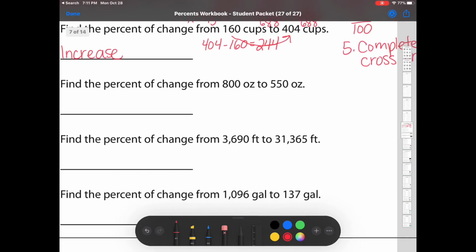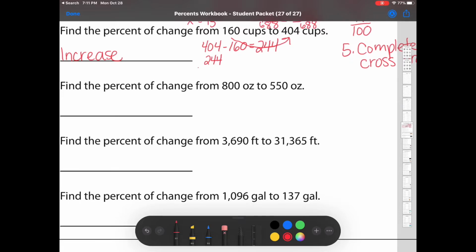Step three is we're going to put the part over the original. So 244 was the increase out of a total of 160. You put it over the original amount, which was 160. Then you set it equal to x over 100 because we're trying to find some amount out of 100, which is a percentage.